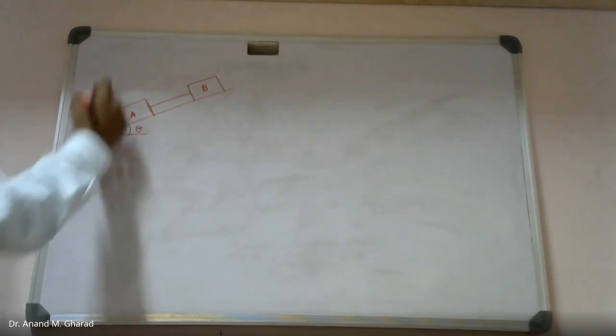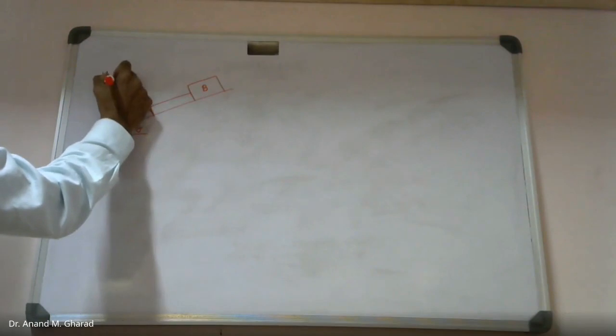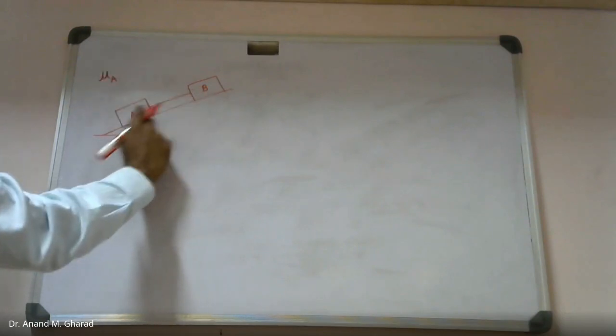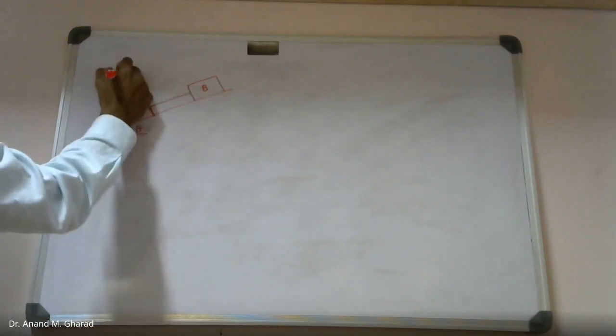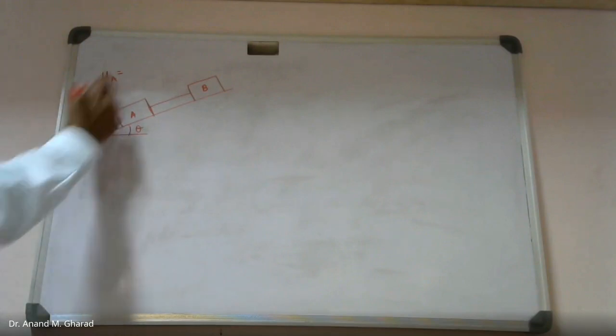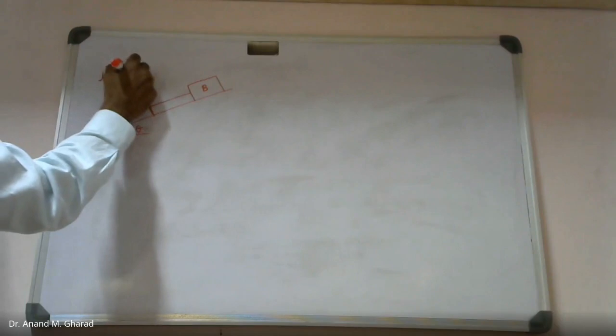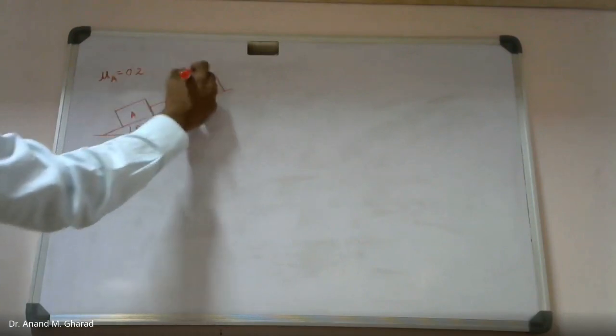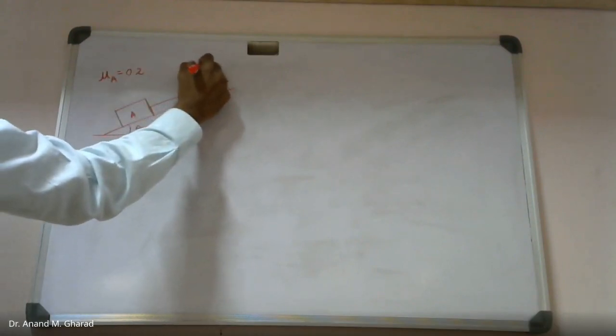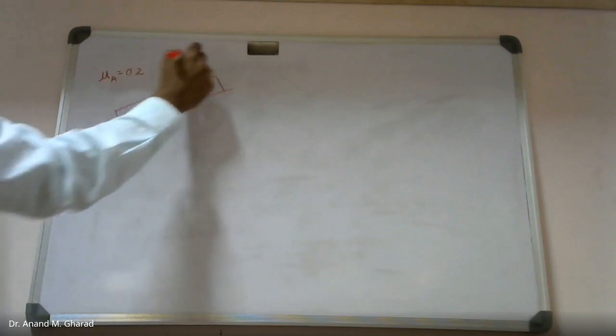Coefficient of friction values are given for the two different bodies. So mu A is given as 0.2 and mu B is mentioned to be 0.5.